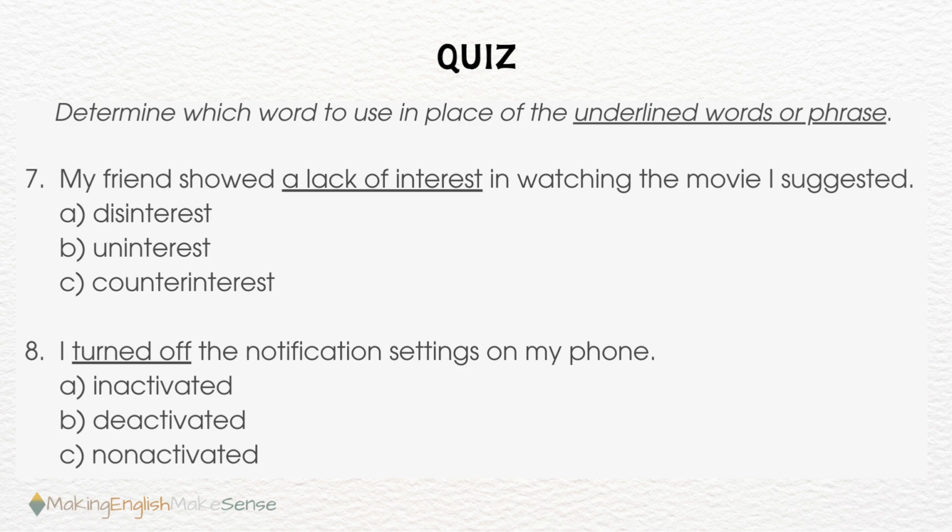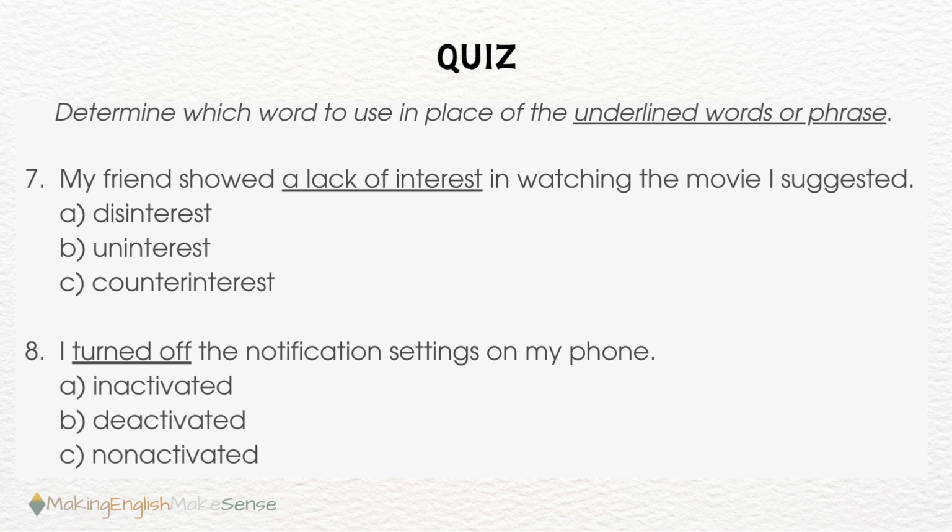Okay, for the last 3 questions, we have to determine which word can be used in place of the underlined words or phrase. So number 7, "My friend showed a lack of interest in watching the movie I suggested." And the underlined phrase, a lack of interest.